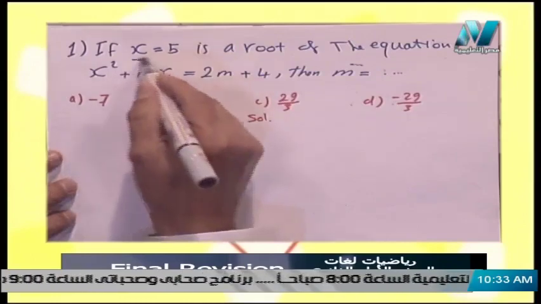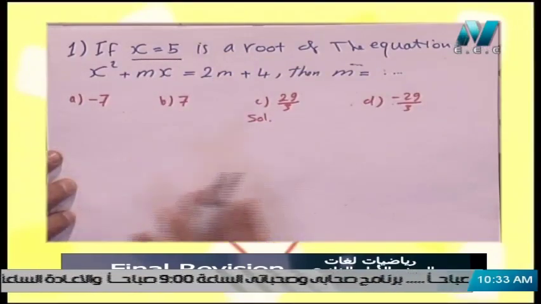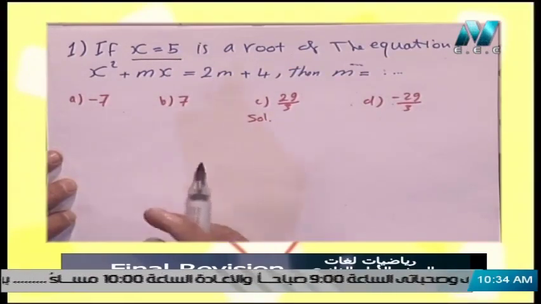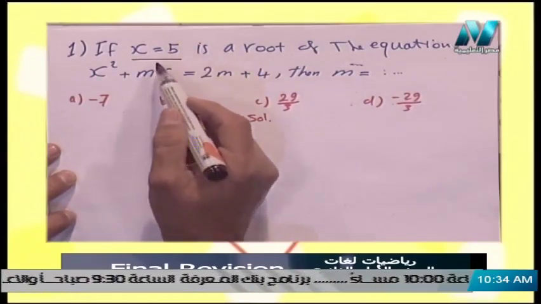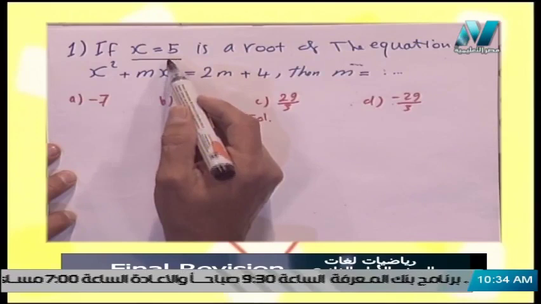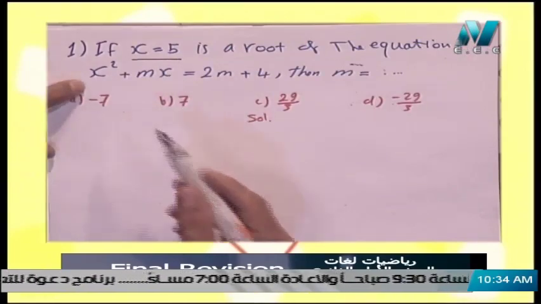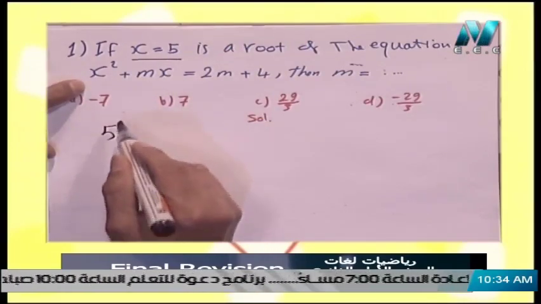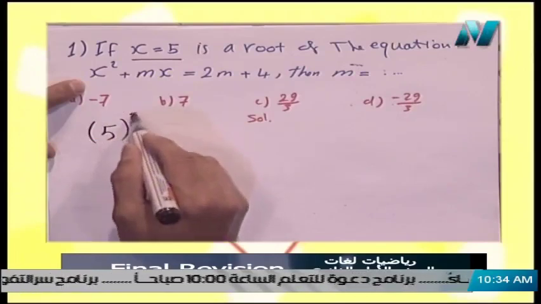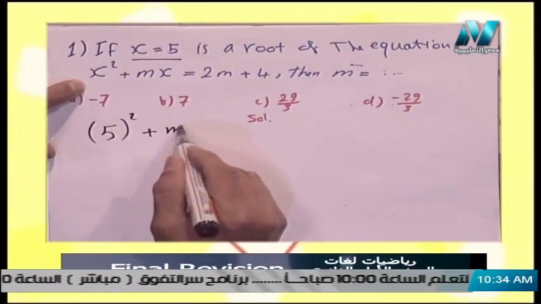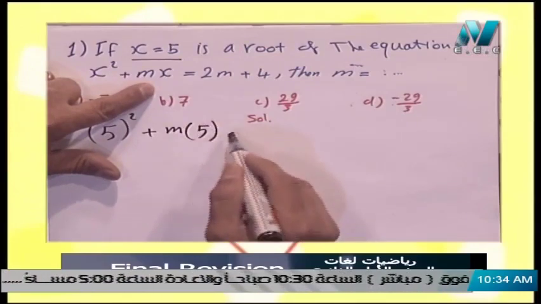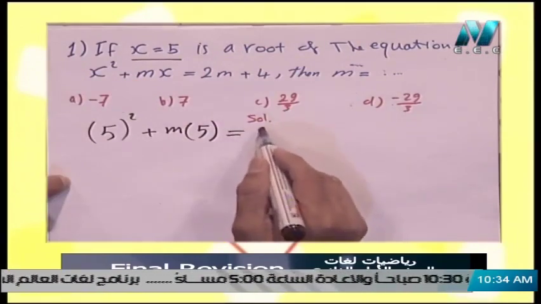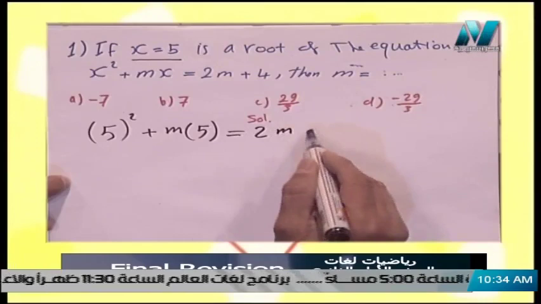First, we have x equals 5 is a root of this equation. We will substitute for x. Put x here as 5 power 2 plus m multiplied by 5 equals 2m plus 4.